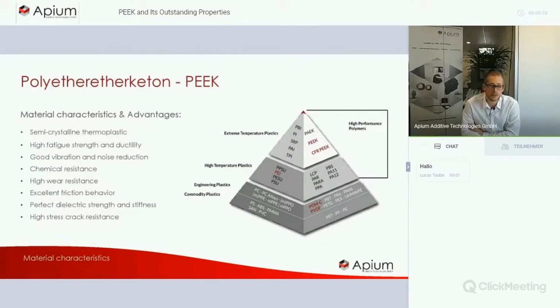So what makes PEEK a very special polymer is it is at first a semi-crystalline thermoplastic. Therefore, it has high fatigue strength and ductility. Like all thermoplastics, it is a good vibration and noise reduction material to work with.